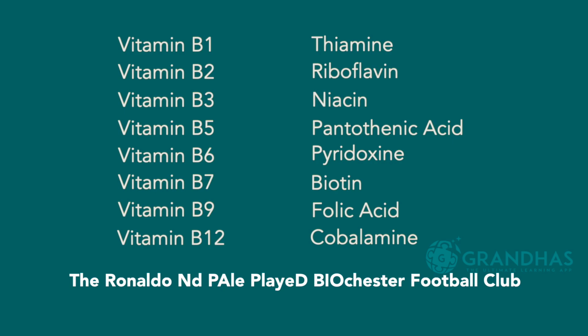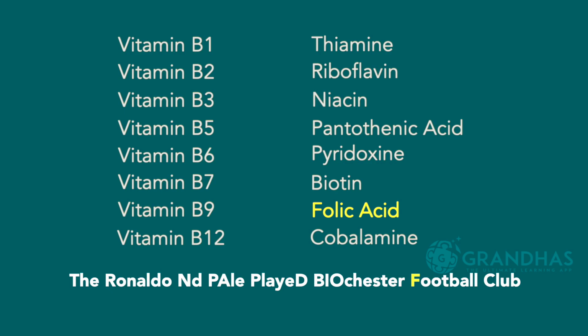So "The" is for thiamine, Ronaldo for riboflavin, and we write it as N-T, niacin. Pele, we write it as PA and remember it as pantothenic acid. Played, P and D, pyridoxine. Bio-Gestor, biotin.